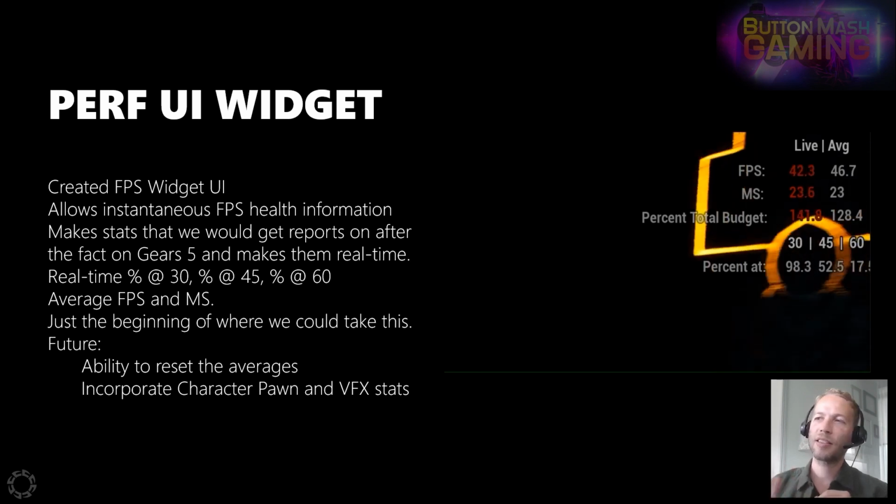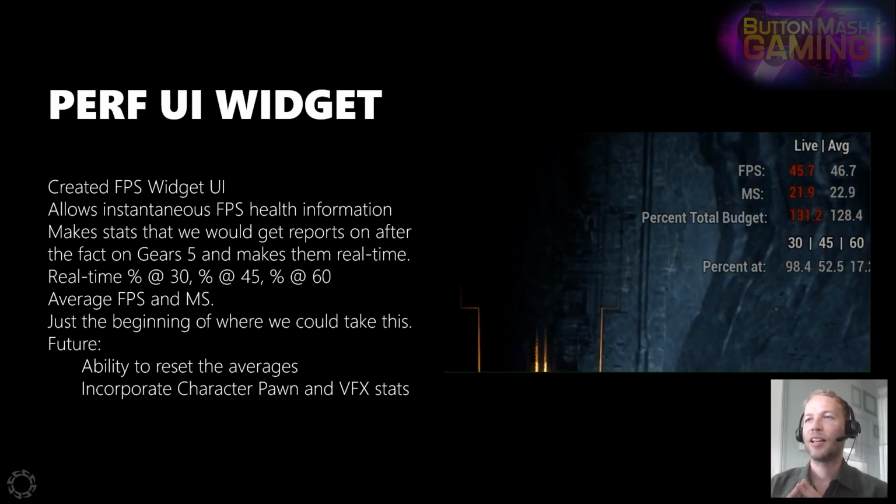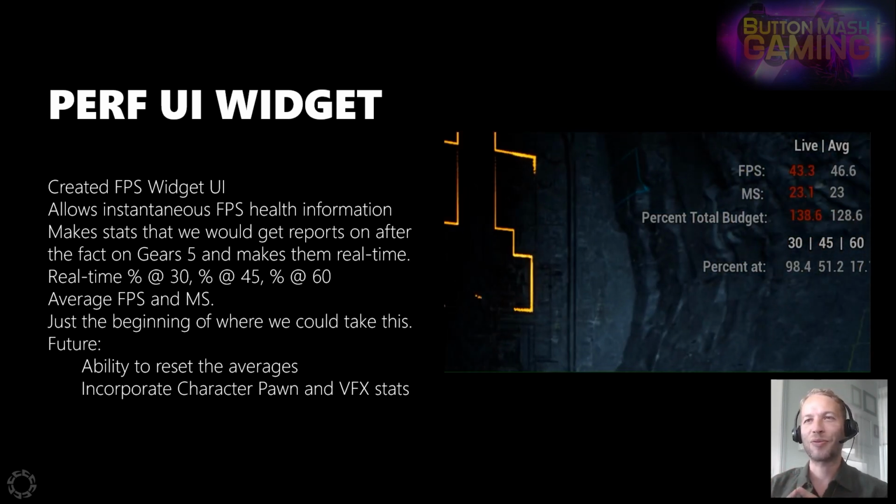So I wondered, can we get this in real time while we're playing? It really gives you a better feel for how the level's running when you see it all in real time. There's the average, it's a live number. It's a testament to the power of blueprints and runtime blueprints using the widget UI. We'll keep building on this for future projects.